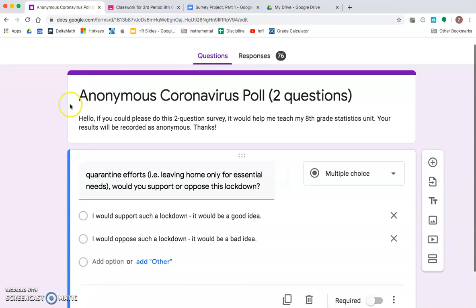This is the title of it: an anonymous coronavirus poll. I just wanted to poll some people about what they thought about recent events. This was my description of the form: Hello, if you could please do this 2-question survey, it would help me teach my 8th grade statistics unit. Your results will be recorded as anonymous.